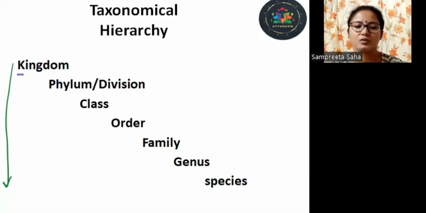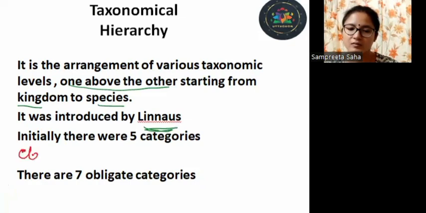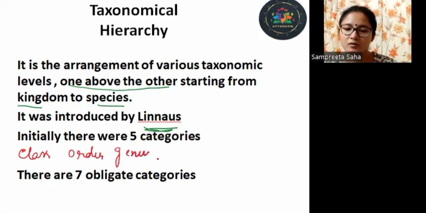All right. So let us quickly delve into the theory. This taxonomic hierarchy system was introduced by Carolus Linnaeus. When he introduced it, he used categories, namely class, order, genus, species, and variety.